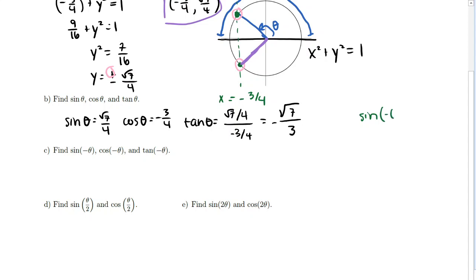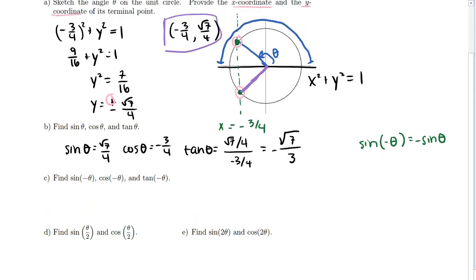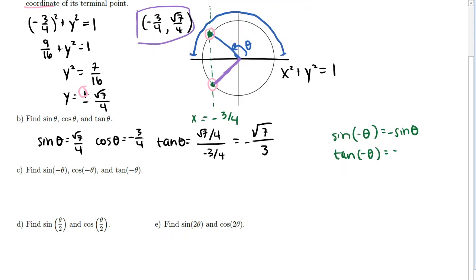So sine of negative theta is always equal to negative sine of theta. If we negate the input, we negate the output. You can see it in this picture: if I instead go clockwise around my circle, I'm going to have the opposite y value. Similarly, if I negate the input of our tangent function, we get the opposite slope.